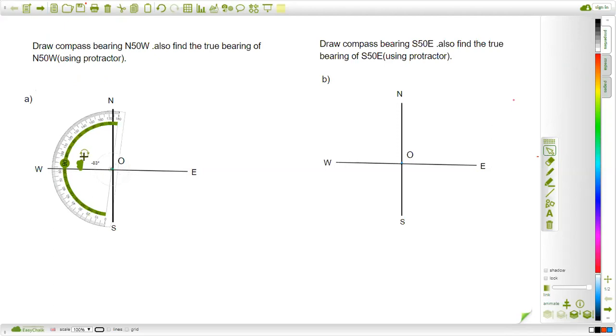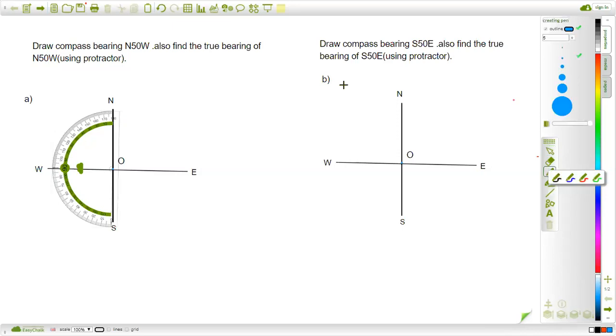The baseline of this protractor should coincide with the north pole. This is the way of putting the protractor here. From this north pole we have to go in the direction towards the west.